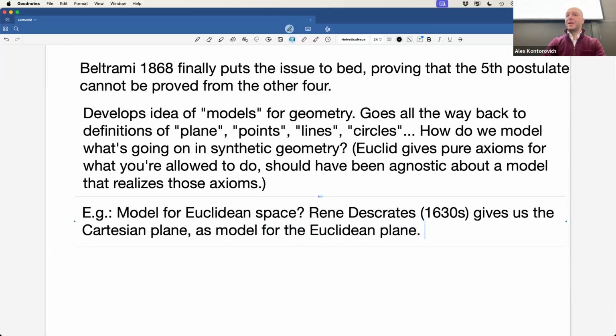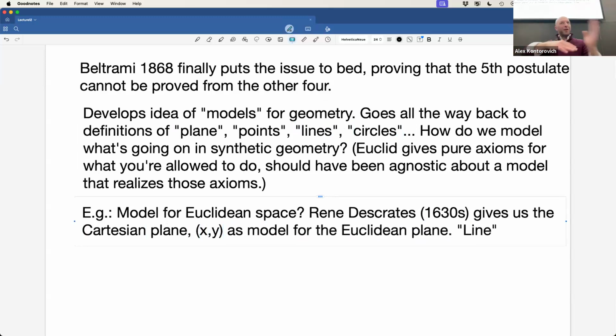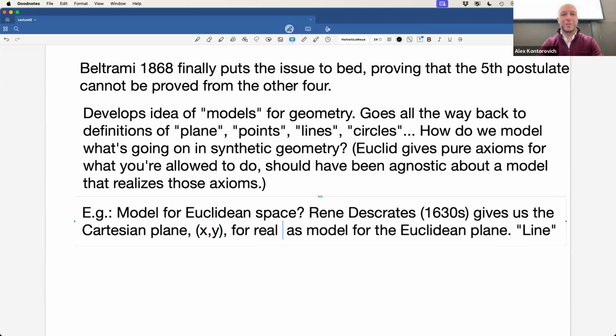So what is a line? So what's the Cartesian plane? It's like, yeah, it's x comma y. It's a pair of real numbers, x comma y, right? Descartes says, here's how you should think of a plane. There's an x coordinate and a y coordinate. This is a very novel idea. This is not something that anybody in Euclid's time or for the next 1,000 years understood. x, y for real numbers.